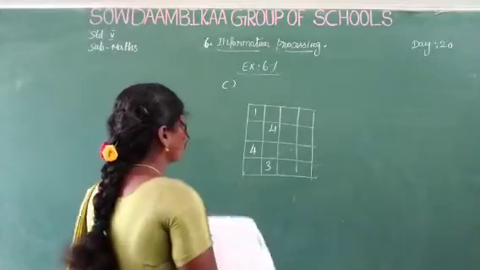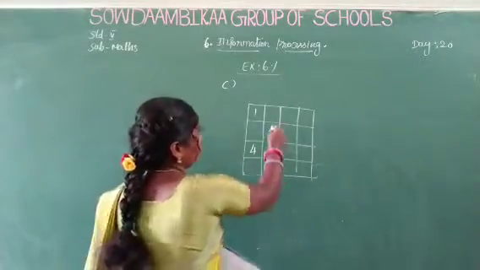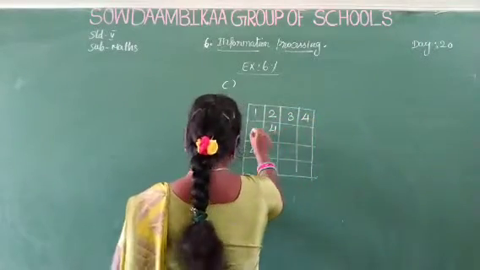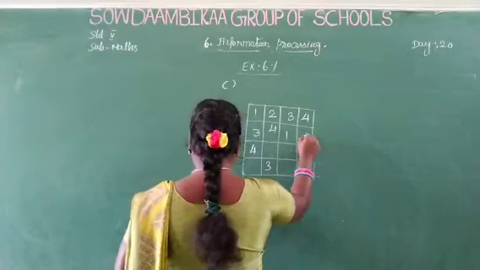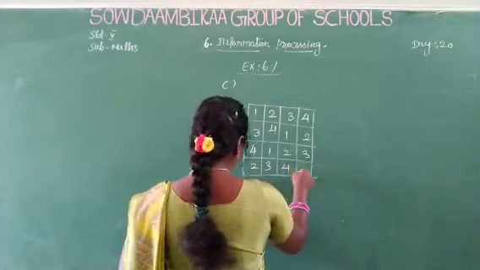The numbers are only 1, 2, 3, 4, and you get the same answer also. 1, 2, 3, 4. 3, 4, 1, 2. 1, 2, 3. 2, 4, 1.